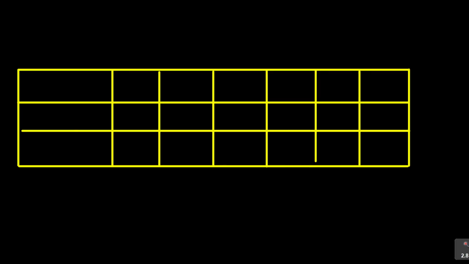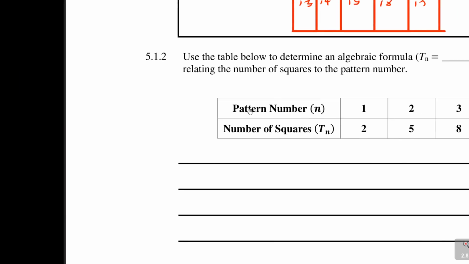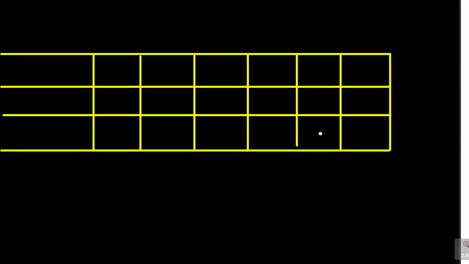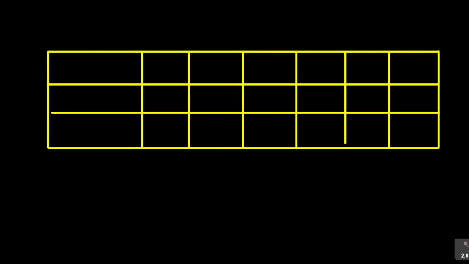I think we've seen. So here the way they put it, they said what? Pattern number 1. So they are using 1, which is in our way. We can call this our T1, our T2, our T3, our T4. We can continue T5, T6. You can continue that. But they are saying this is 1, 2, 3.